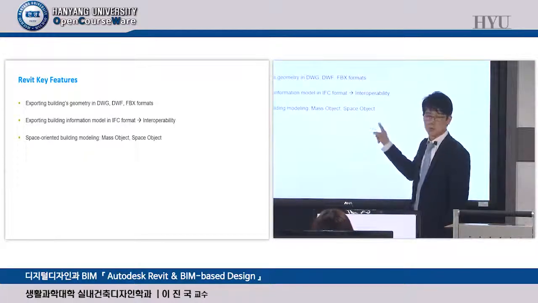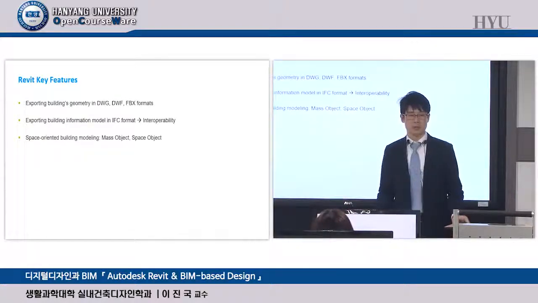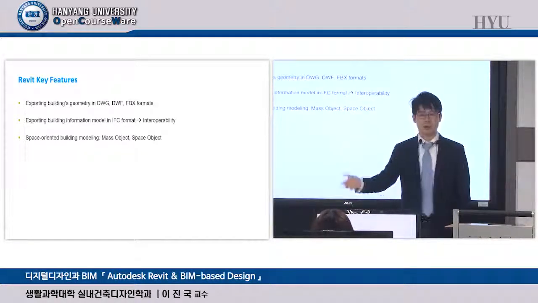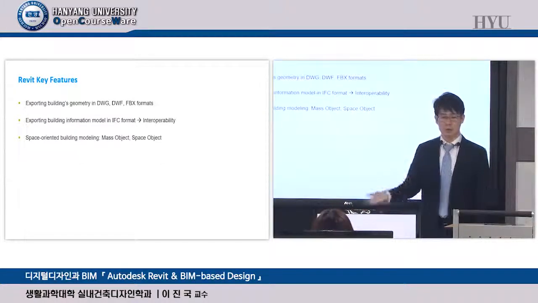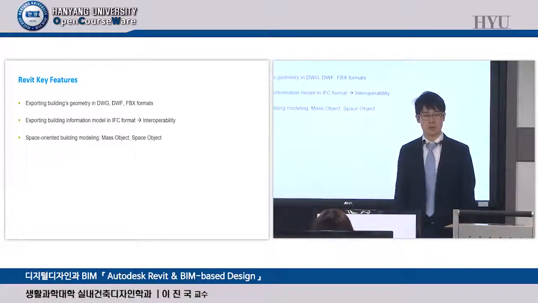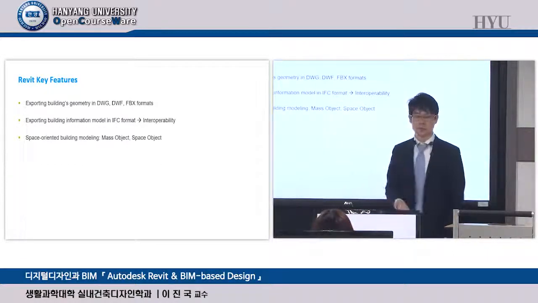And also the space object auto-determines the boundary of space. And you can assign a space object. And then you can get the area of space, height of space, how many spaces, how many rooms in your building. Revit can count instead of you, okay?